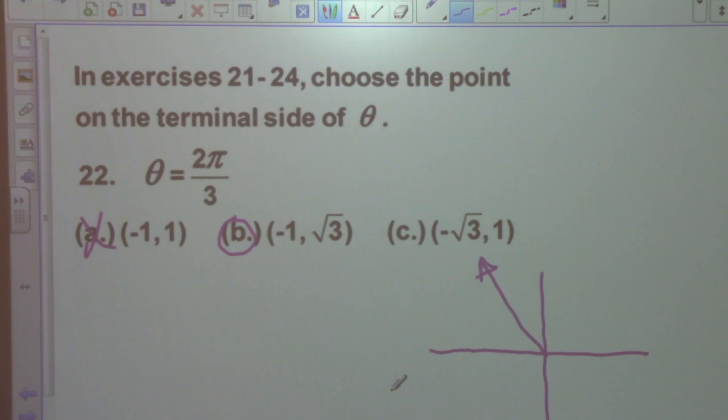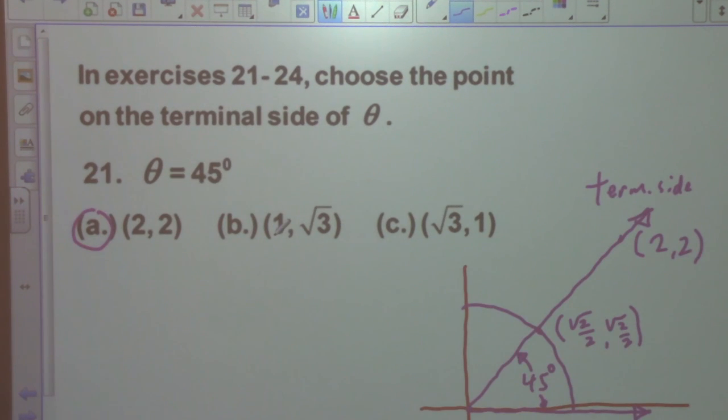Mr. D, will you go back so that I can copy down what you had in 21? Yeah. Thank you, Kenzie. Yeah, Kenzie is there.